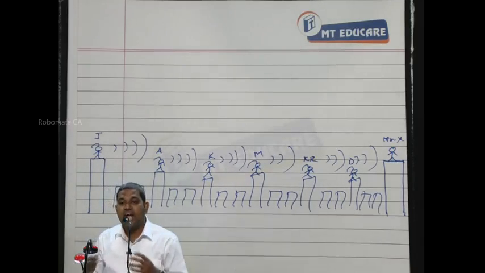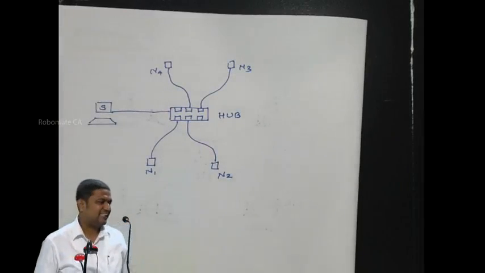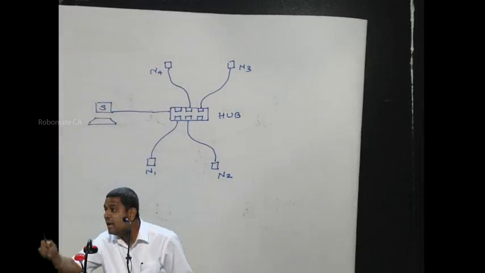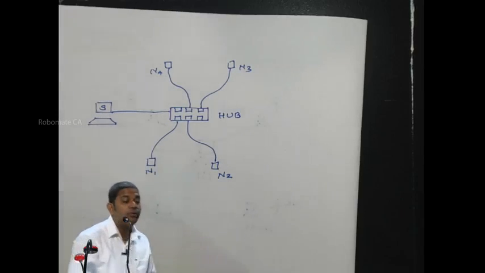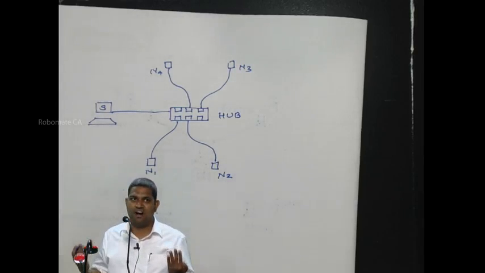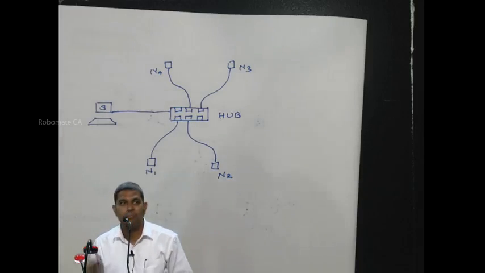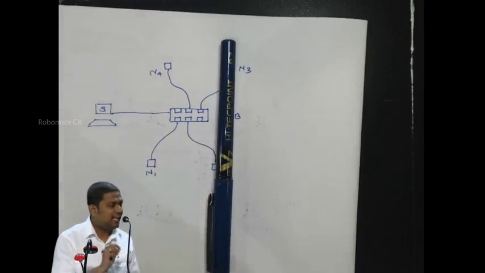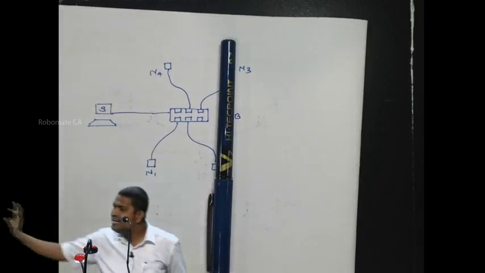And this attenuation can be undertaken by a hub, but not by a passive hub. Passive hub is not able to do that. So we require one more type of hub, and that is called an active hub. The work of the active hub is like a passive hub: accept the data, send it further.